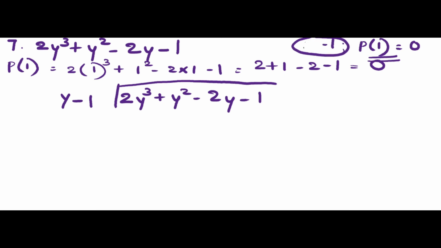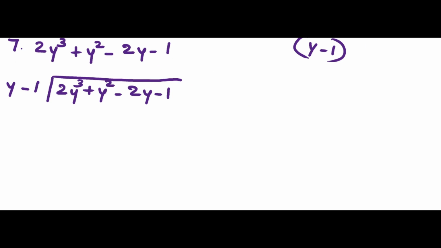Here not x, y. I am considering it as y because all the others are y. 2y cube plus y square minus 2y minus 1 divided by y minus 1.